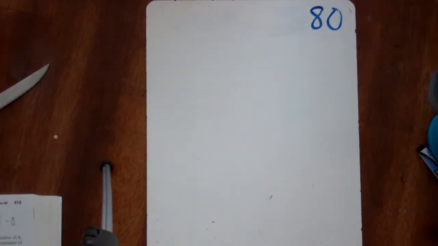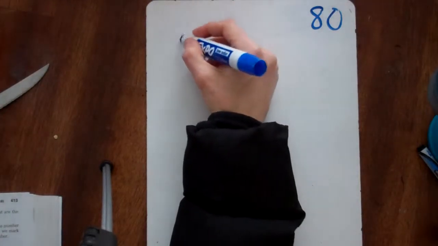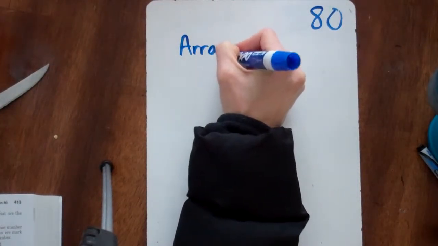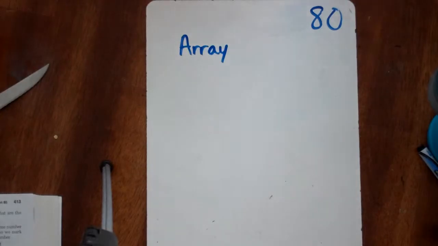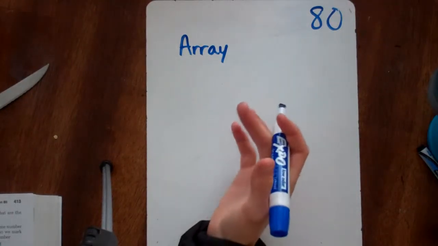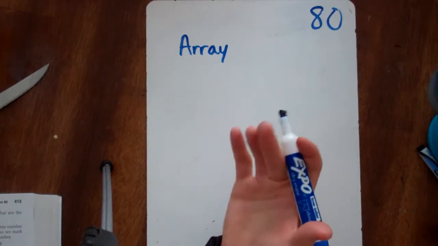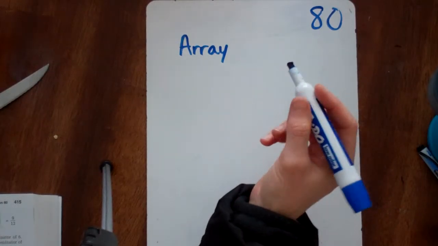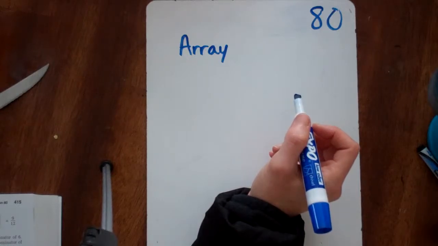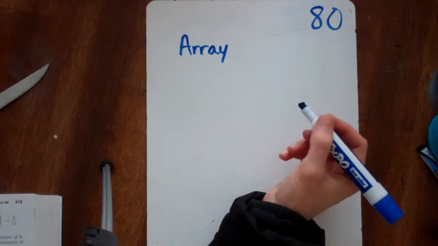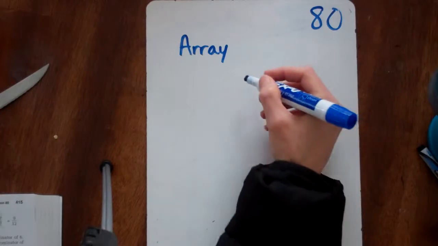Okay? But before we're done, we're going to talk about a word called array. Okay? An array is an arrangement of objects that complete a column or a row. For example, I'm going to draw an array for 12.